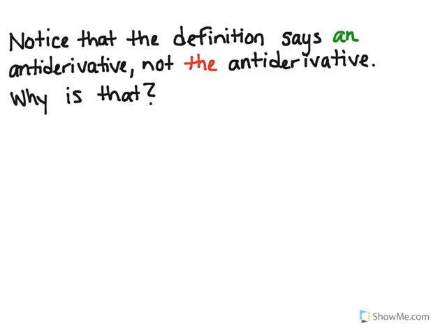If you look back at the definition for a second, it says that it is an antiderivative, not the antiderivative. Why is that? I want you to consider what would have happened if we had capital F of x was equal to x cubed plus 8. What would little f of x have been?